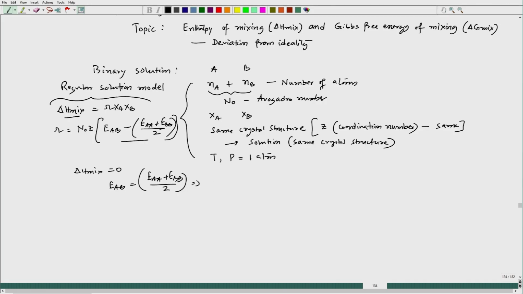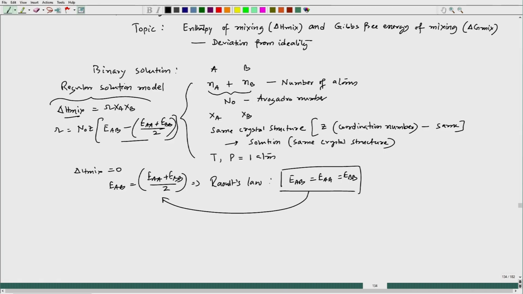In fact, if you recall Raoult's law, at that time we considered the bond energy of all types of bonds to be equal. That is also reflected here. So, when del H mix equals 0, it becomes ideal. So, this is the ideal solution case.